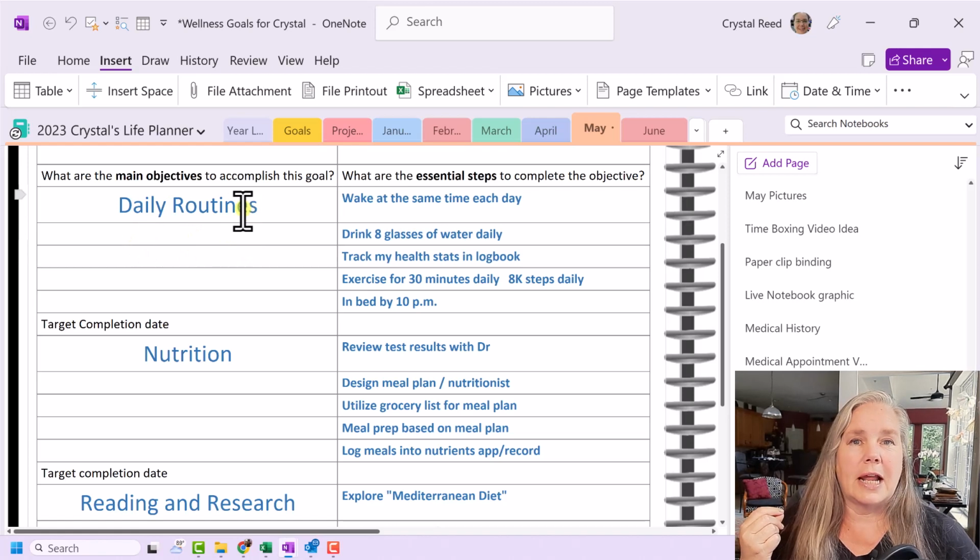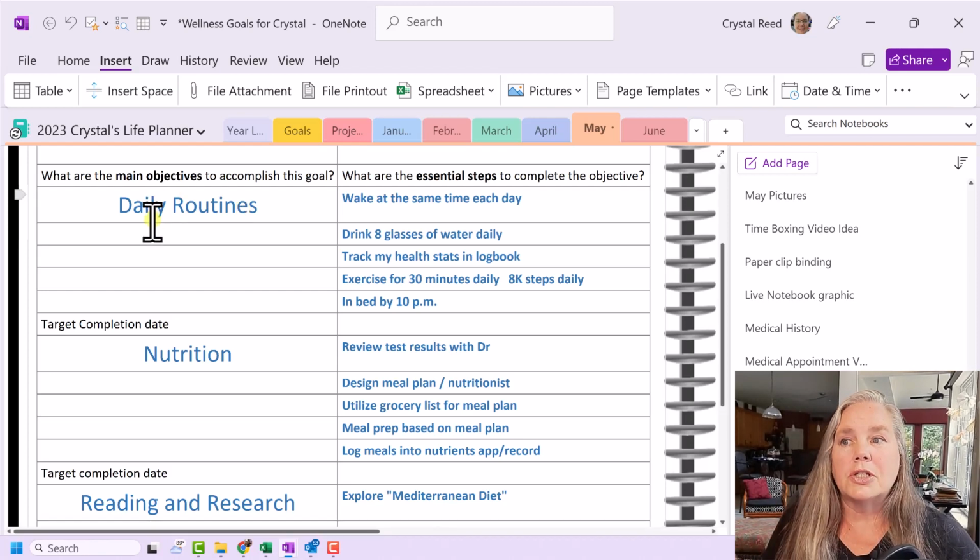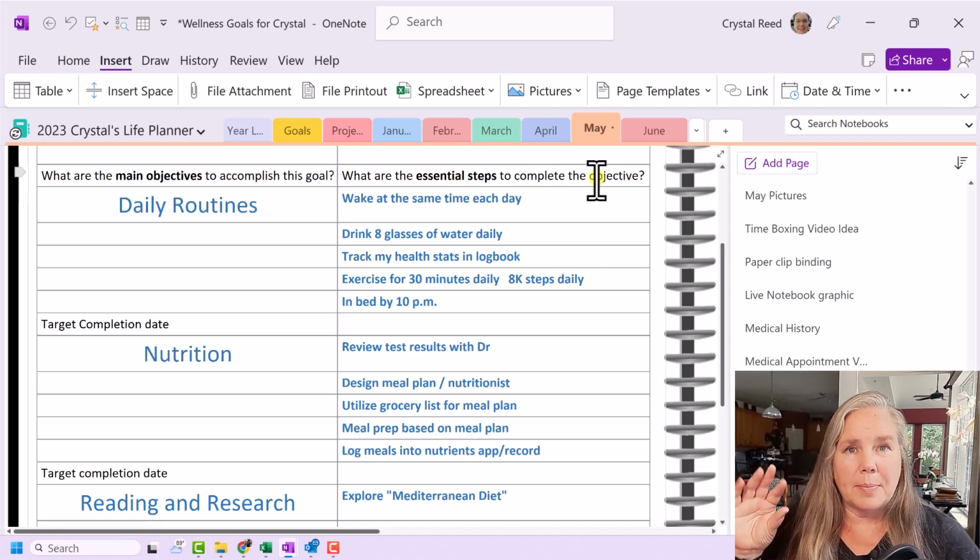The first thing that I thought about is my daily routines. I need to take a look at my routines with the reduction of my A1C at the top of my mind, okay? So I put down my daily routine right here. I need to look at those. The next question that I ask myself is, what are the essential steps to complete this objective? Okay, what are those little baby steps that I need to do to reach that milestone?